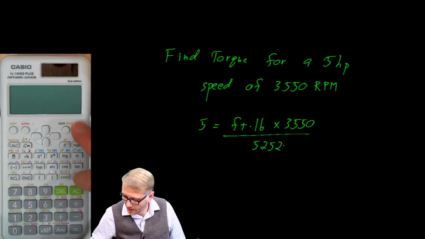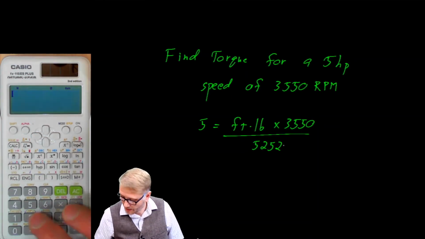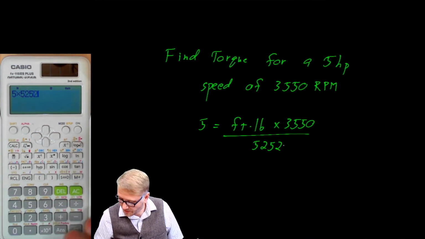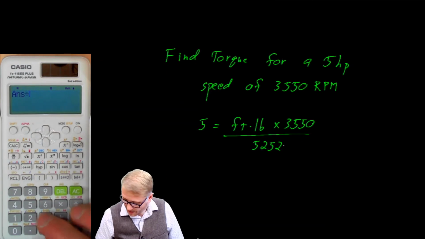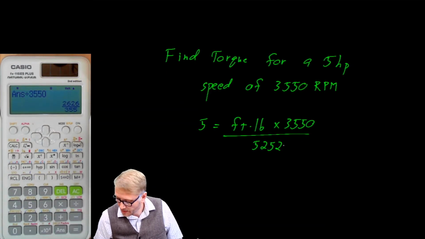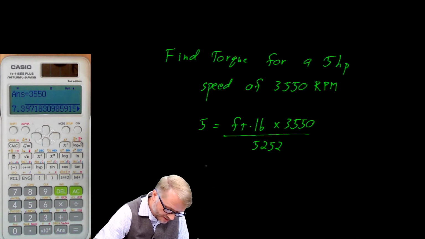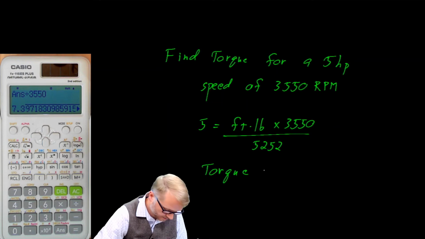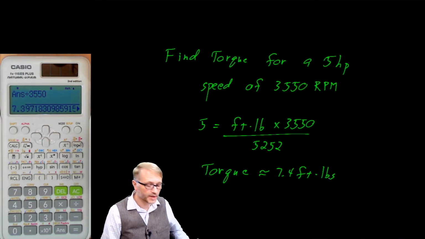So go into our calculator. We'd say 5 times 5252 divided by 3,550 gives us about 7.4 foot-pounds of torque. All right, so there's one equation.